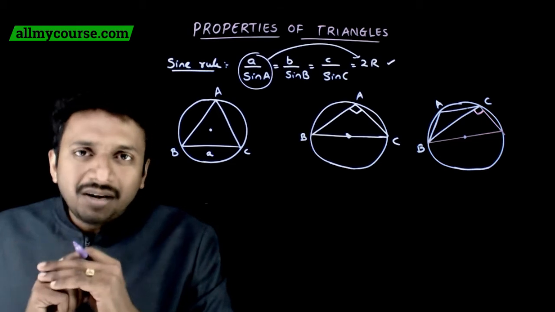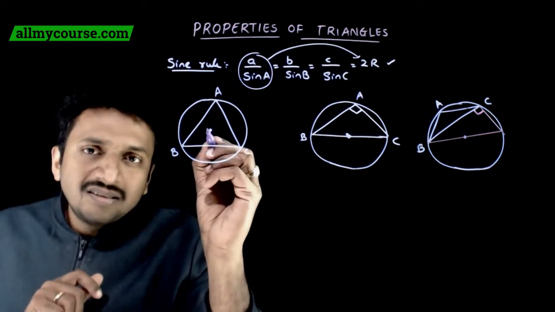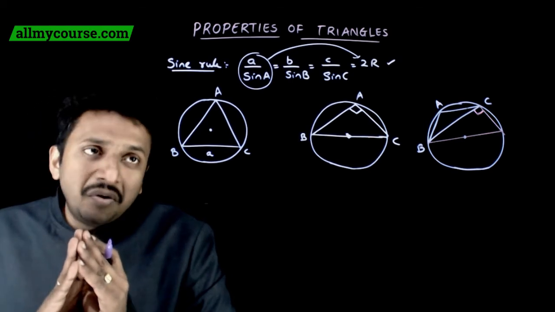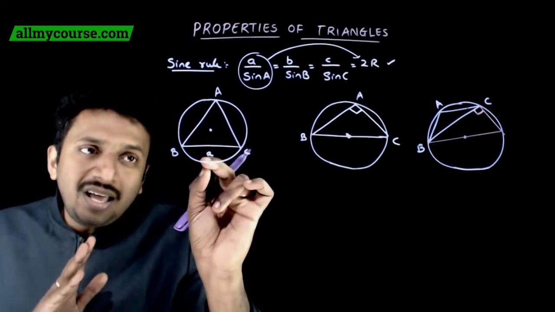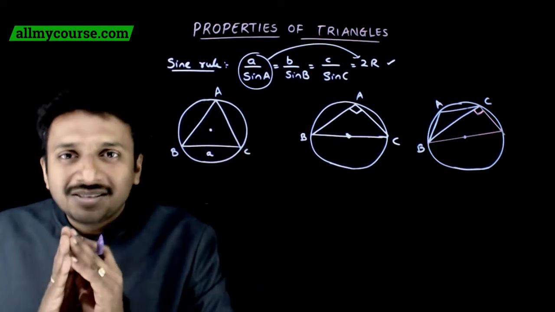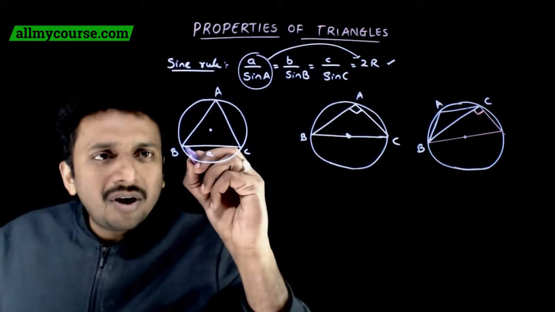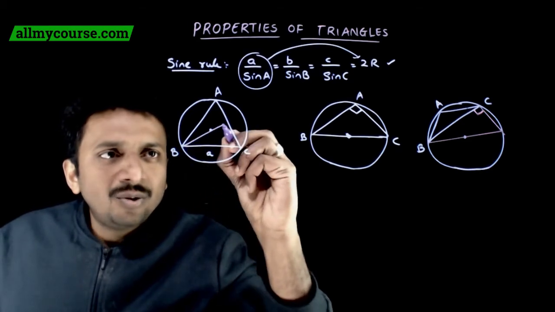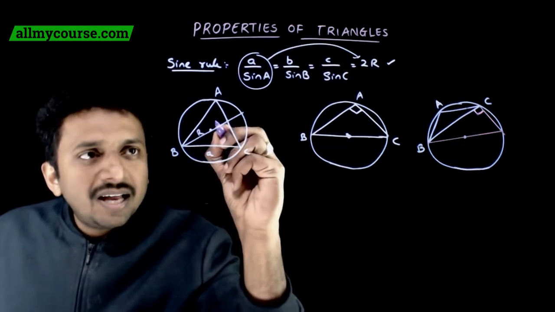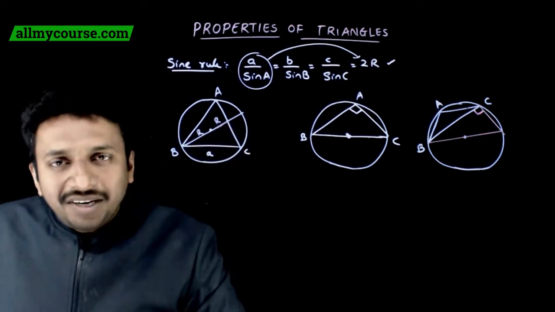So if you take an acute angle triangle, obviously the circumcenter lies inside the triangle. Now, how can I prove that a by sine A is equal to 2R? I use certain properties of circles. So first what I do is I'll draw a diameter through B. If this is capital R, this is also equal to capital R, right?